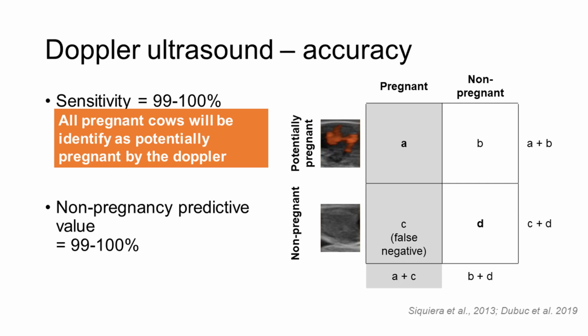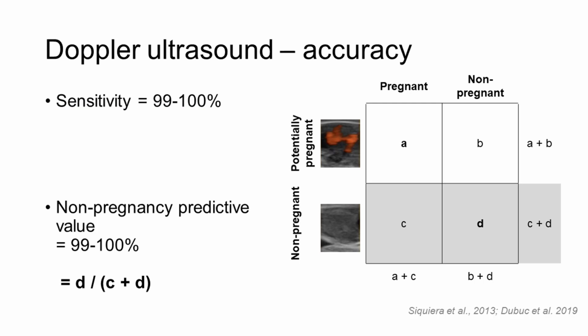This characteristic is very important for this test, as the higher the sensitivity, the less false negative there will be. That means few to no pregnant cows identified as non-pregnant. A sensitivity of 100% indicates there won't be cows falsely identified as non-pregnant.